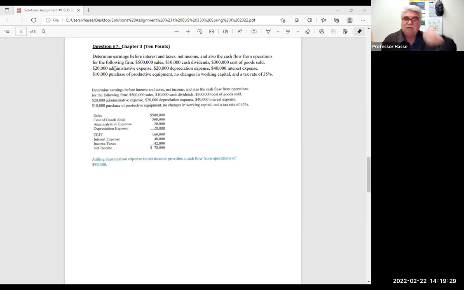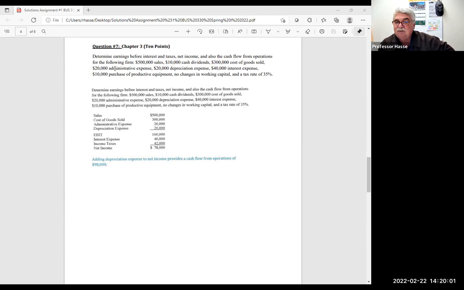$10,000 cash dividends. That goes nowhere. That has nothing to do with the income statement and nothing to do with cash flow from operations. Cash dividend is cash flow from financing. $300,000 cost of goods sold expense, $20,000 administrative expense, $20,000 depreciation expense, $40,000 interest expense after earnings before interest and taxes, $10,000 purchase of productive equipment.